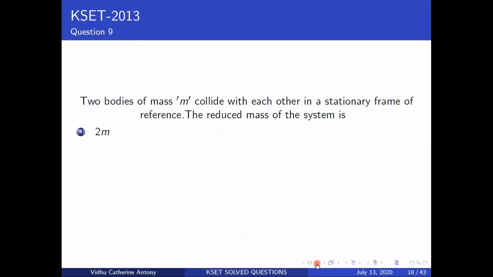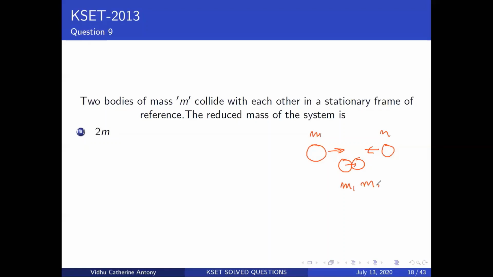Now, this is pretty simple. You will probably even say it if I wake you up from sleep. So let's look at this. Two bodies of masses m collide with each other in a stationary reference frame. They've just said collide, not that they move apart. So what is the reduced mass of the system?